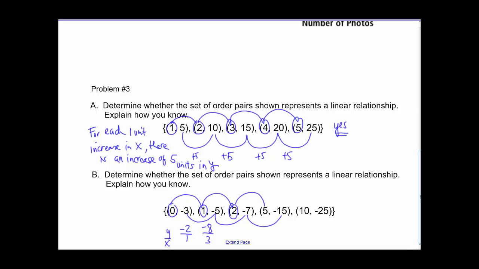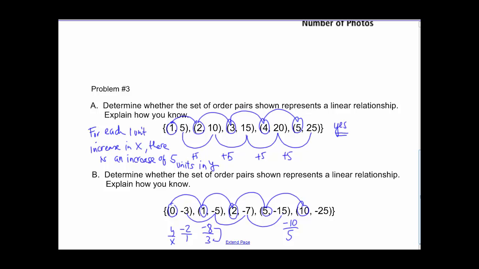And then now we're going from 5 to 10, so we have an increase in x of 5. But we go from negative 15 to negative 25, so there's a decrease of 10. If I look at the 3 ratios that I created, notice these ratios.